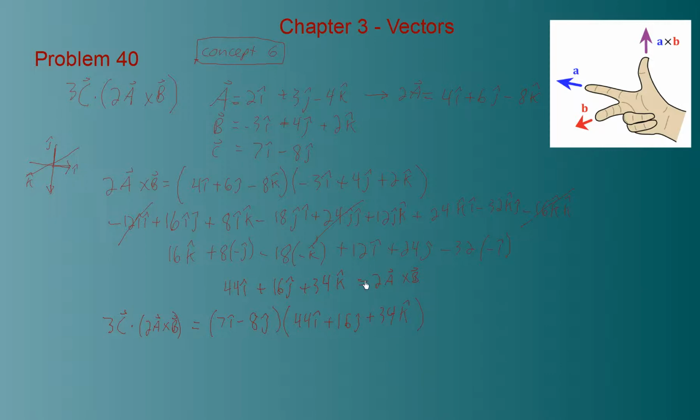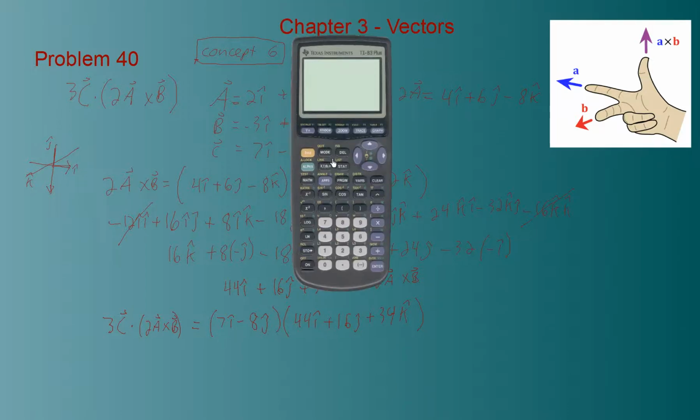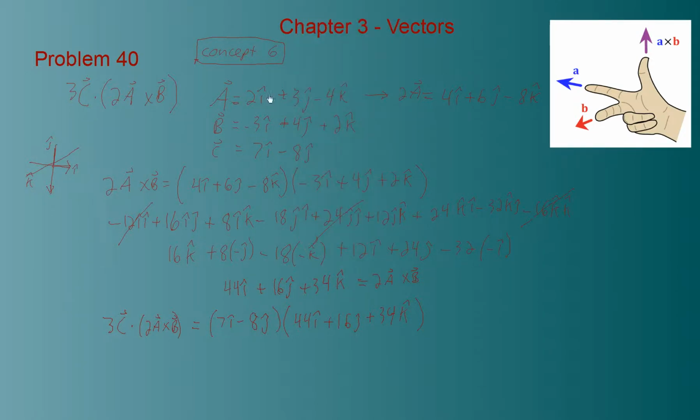And again, just distribute. 7 times 44, I don't know, 7 times 308.